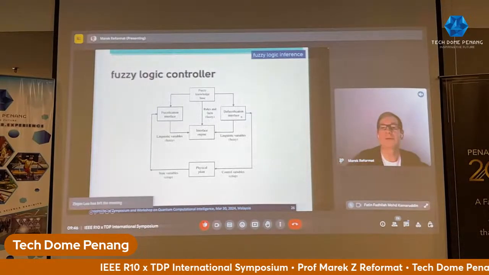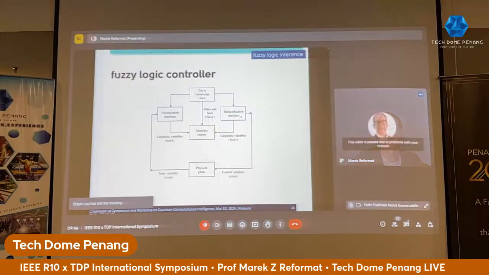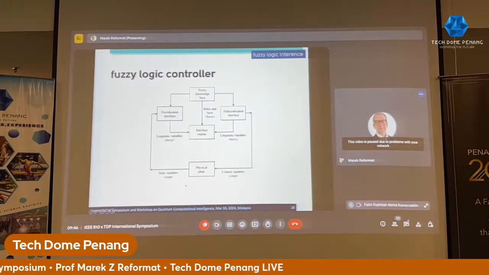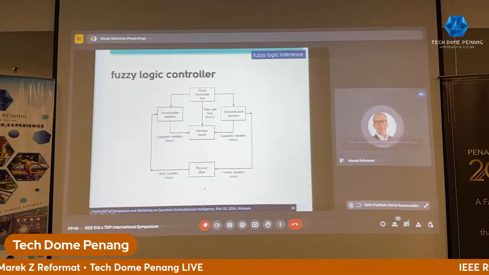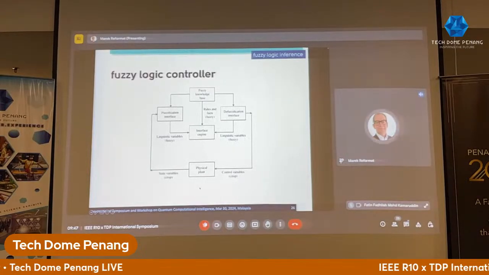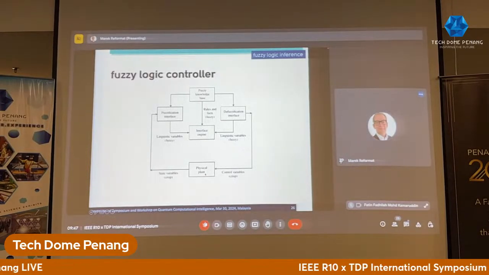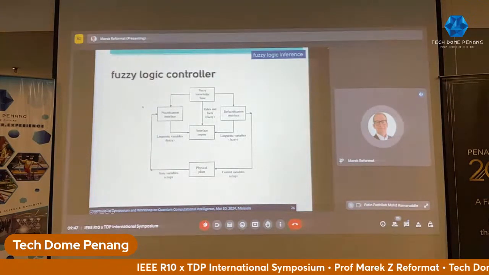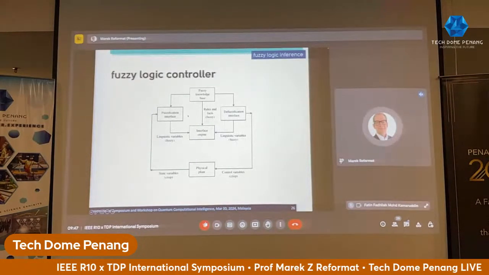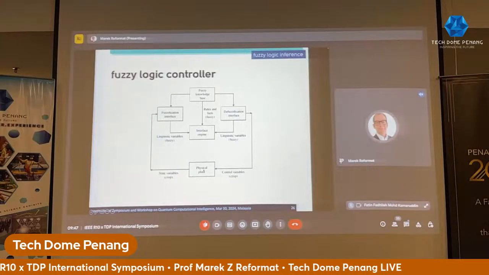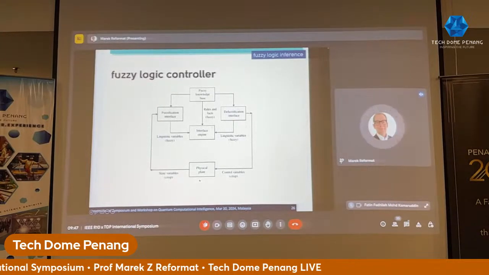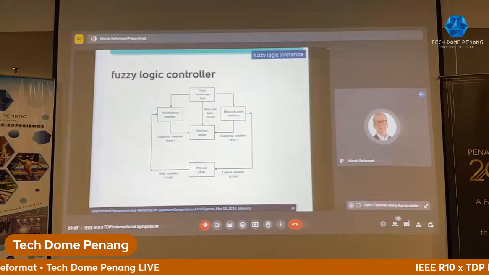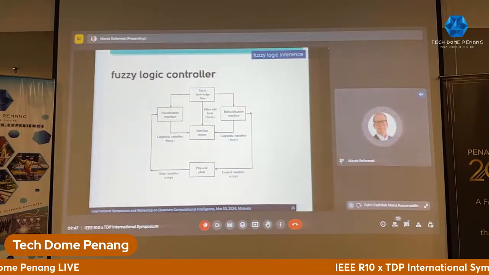Then we have the defuzzification interface, looking at the center of the mass and getting a crisp value, and then maybe controlling or getting some output. Then, depending on what this controller is about, we can create a new set of inputs, and that process continues in many cases.